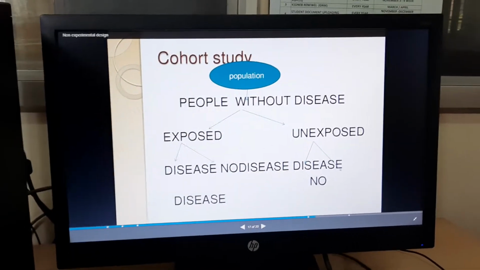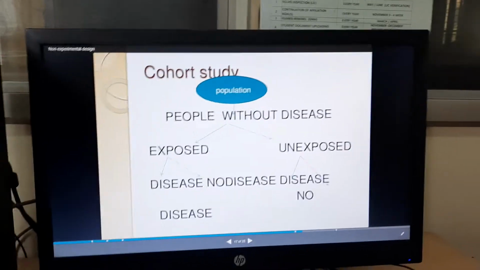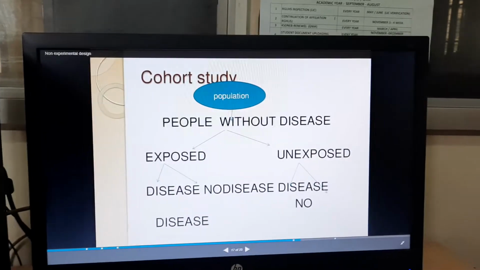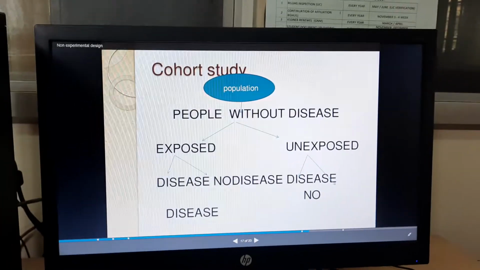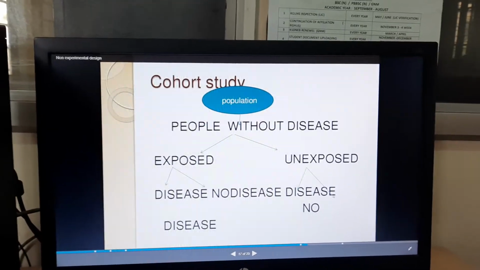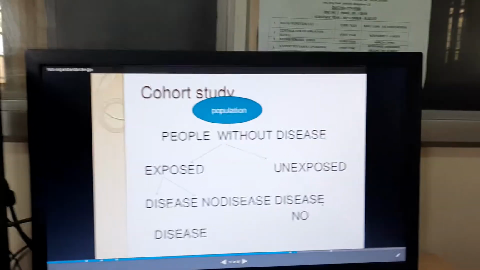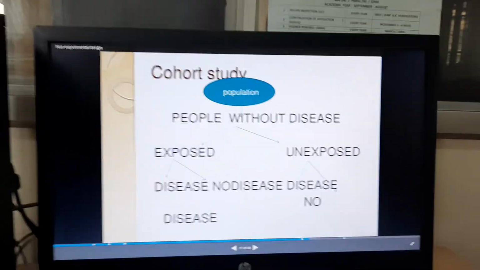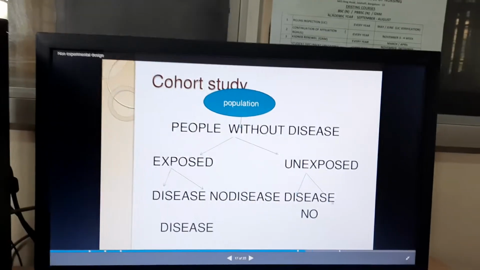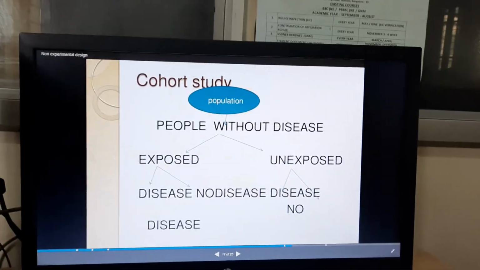Even if patients have AIDS, they won't tell that they have it. So instead, we take the normal people who are not having the disease, and we see whether they are exposed to those patients, like those who worked with AIDS patients, or unexposed, persons never exposed to the particular disease.